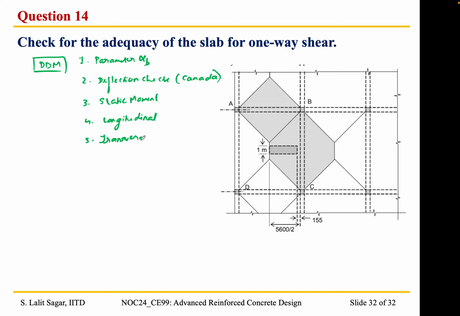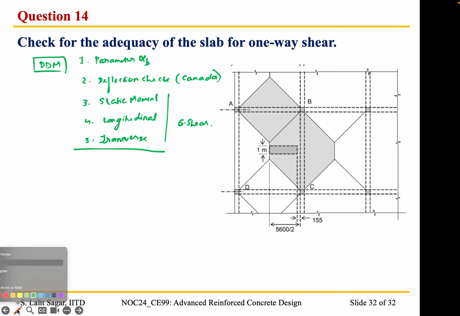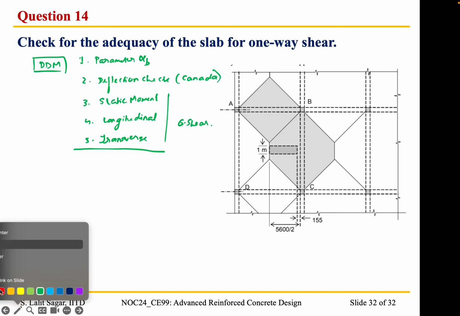Now what remains is, we need to check the adequacy for shear. For slabs, shear is only one way shear, no, sir? Yes, exactly. So we will check that aspect now.